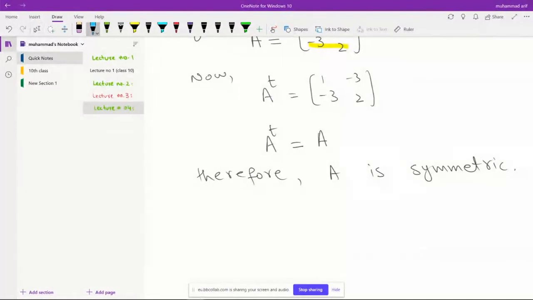Now, second definition is skew symmetric matrix.